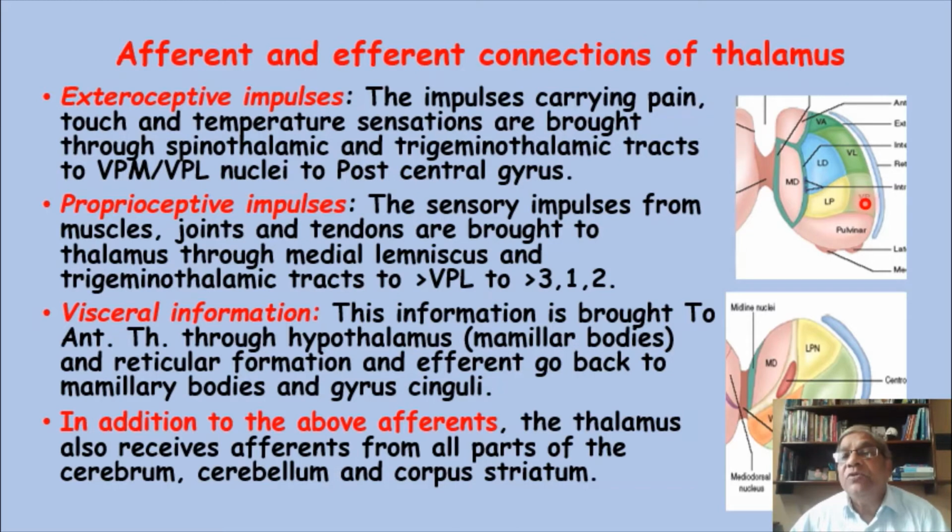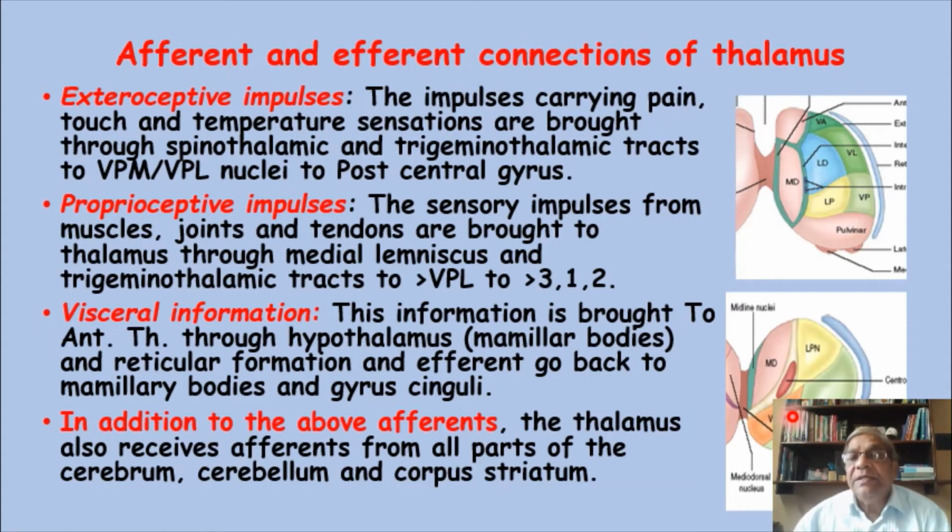This is the ventroposterior, which is divided into ventroposterolateral and ventroposteromedial. If you cut a section through this ventroposterior, then this will be the ventroposterolateral. So in this exteroceptive sensation they come to a very important nucleus of the thalamus, the ventroposterior nucleus, ventroposterolateral and ventroposteromedial. Pain, touch and temperature of the whole body will come to this nucleus.